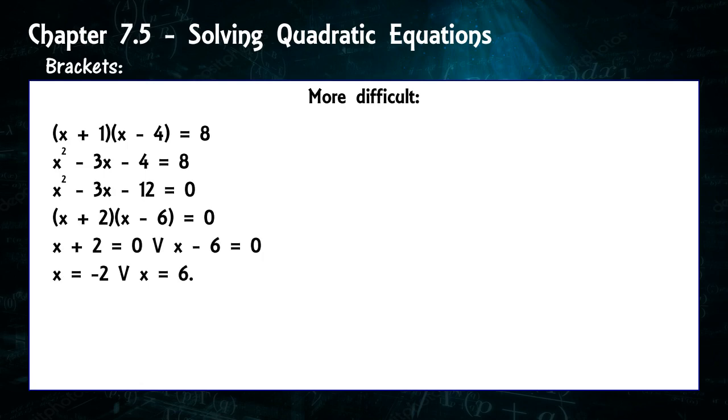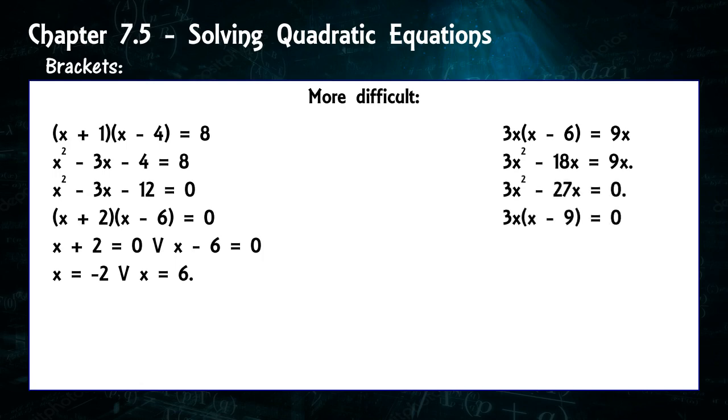So, if you see the equation 3x(x minus 6) is equal to 9x, we first multiply out the brackets, subtract 9x to make it end with 0, factorize the left-hand side, and follow the usual steps to receive x is 0 or x is 9.